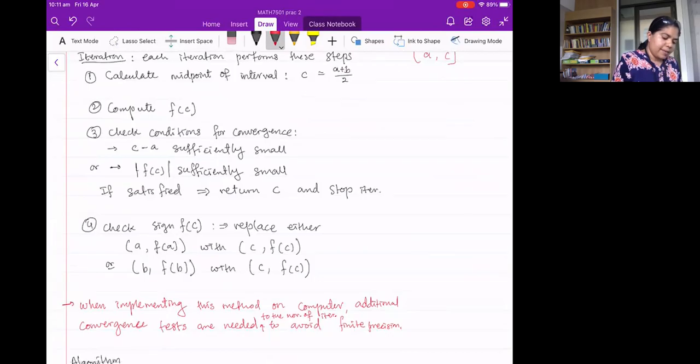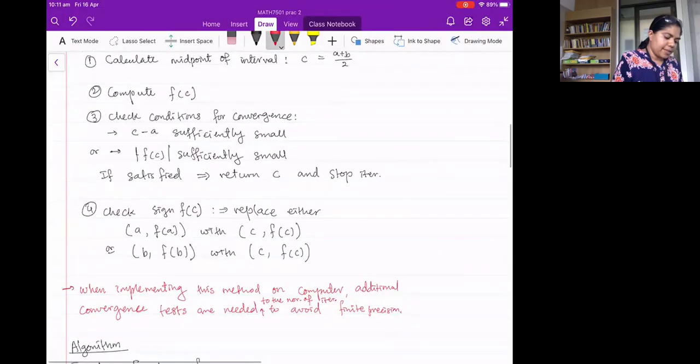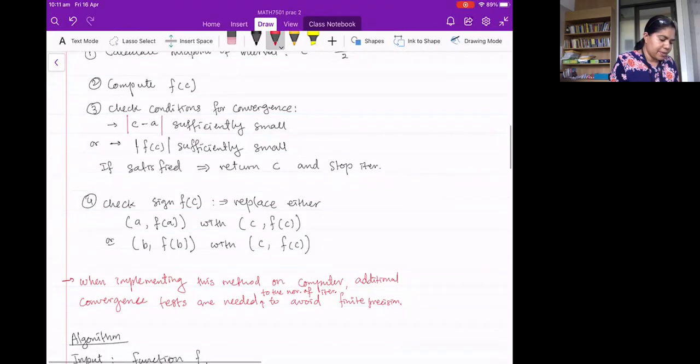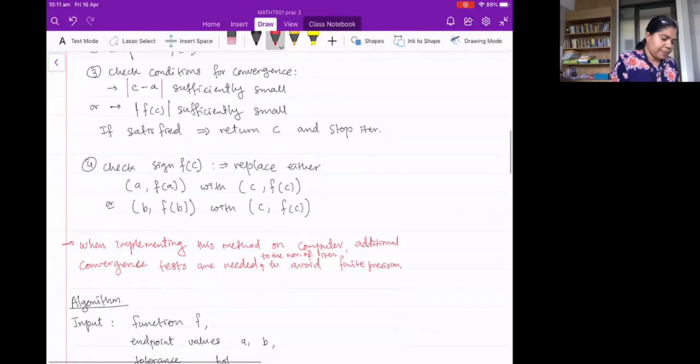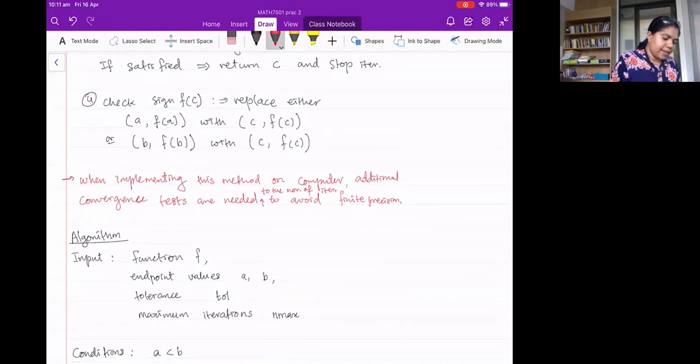The condition for convergence is that the distance between C and A is sufficiently small, or the absolute value of the function is sufficiently small. If it's satisfied, we return C and stop.